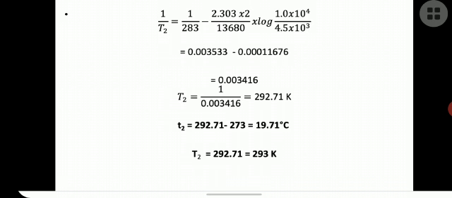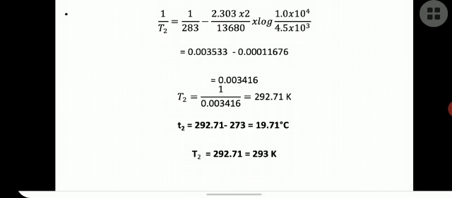Now by subtracting this, we get 0.003416. Therefore, T2 is equal to 1 divided by 0.003416. It becomes 292.71 Kelvin. Now it is given in Kelvin, so if we want to find the same value in degree Celsius, we have to subtract 273 from 292.71. Therefore, small t2 indicates the degree Celsius.